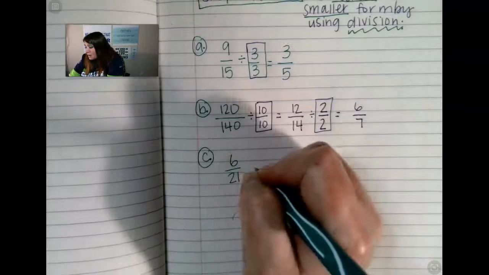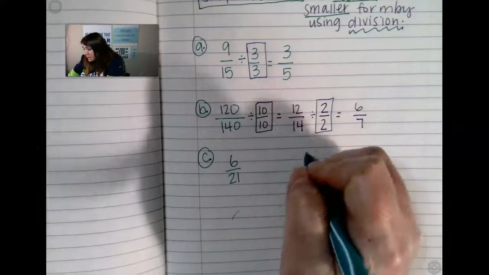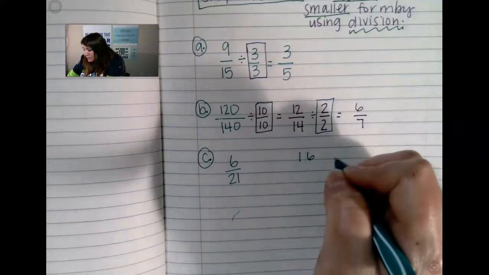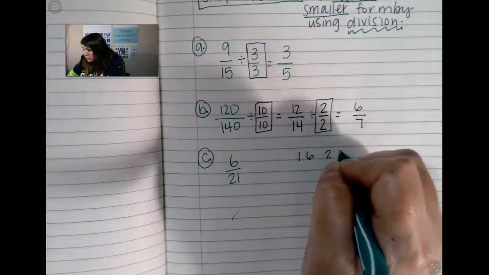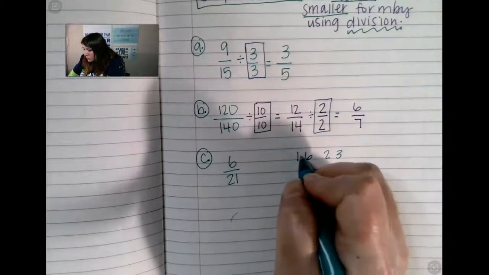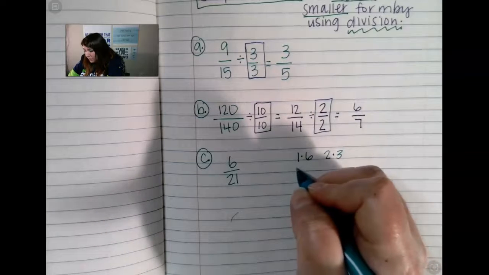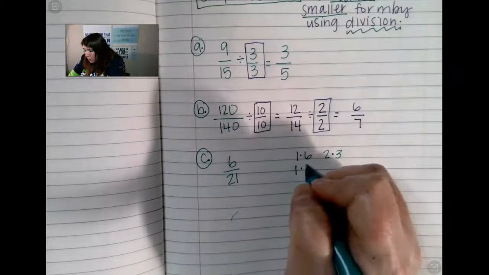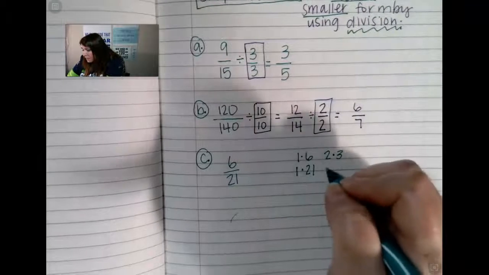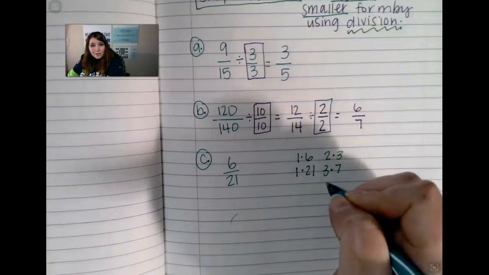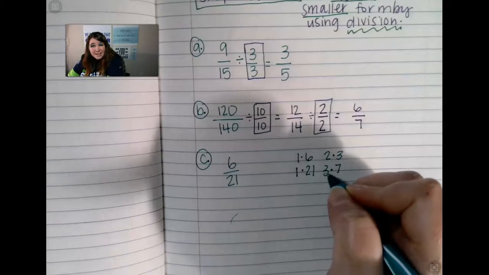The numbers that go into 6 are 1, 2, 3, and 6, because when I multiply those, I get 6. But 21 is different, because when you look at it, you have 1 and 21, but then 3 and 7. So the only number that you can use for this one is 3.